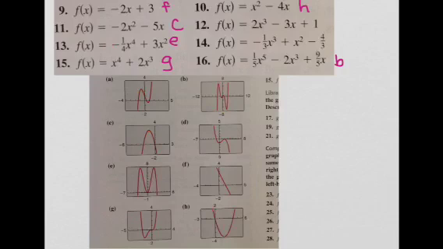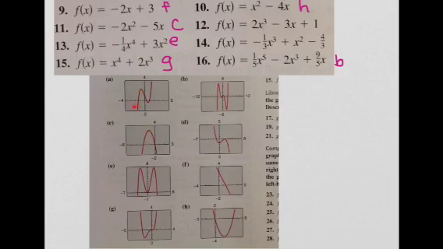And for 12 and 14, I've got A and D to choose from. So again, how do I pair them up? Well, I notice that 12 has a positive A and 14 has a negative A. Positive A means that it's down-up, so the left side is down and the right side is up.